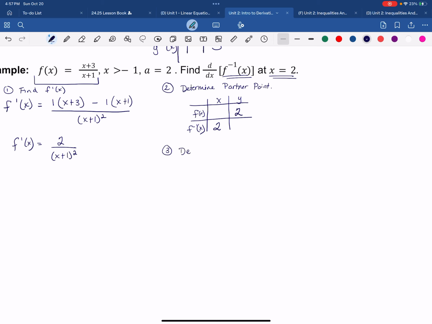So now I'm going to determine the x value when f of x equals 2. Because if my input for my inverse function is 2, that means my output for my original function is 2.